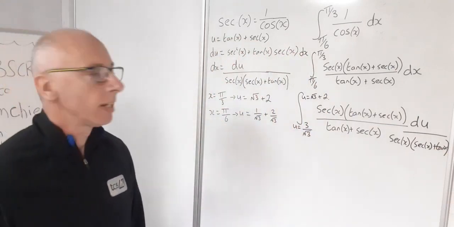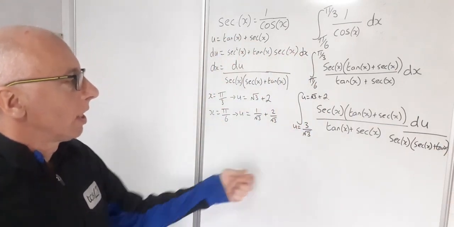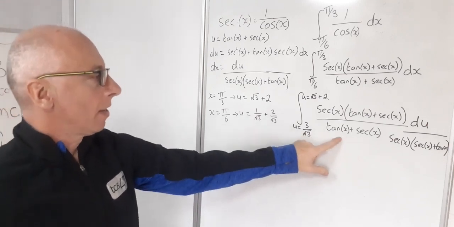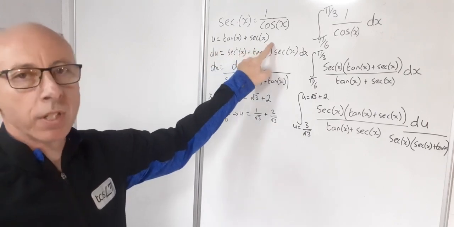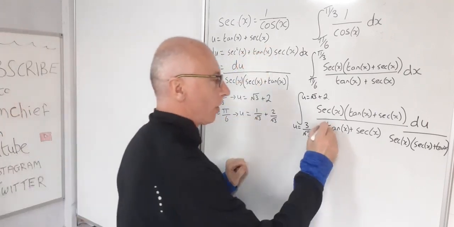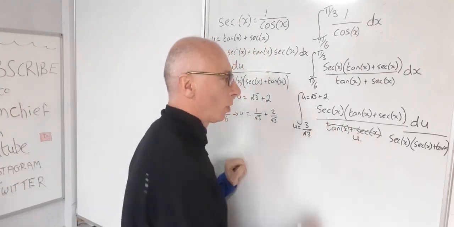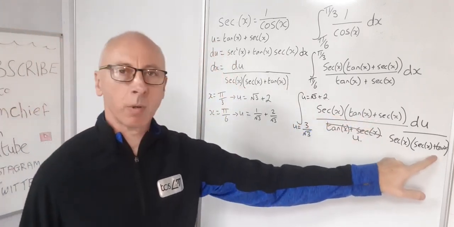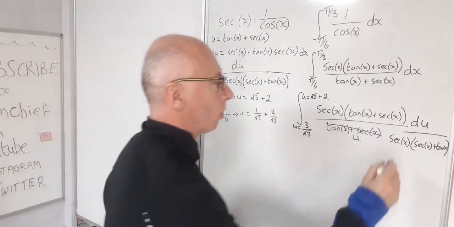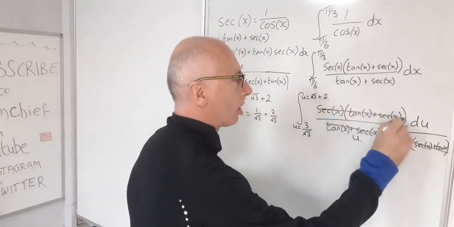Okay, so now what we're going to do. Well, this is not going to cancel with anything, but tangent x plus secant x, that's what we want to be our u. So this will cancel out and become u. And this one is the same as this one and this one, and these will all cancel out.